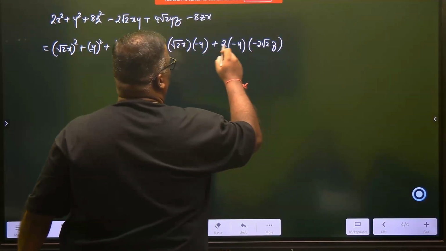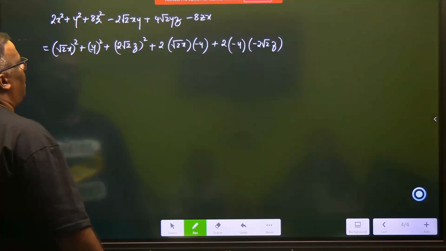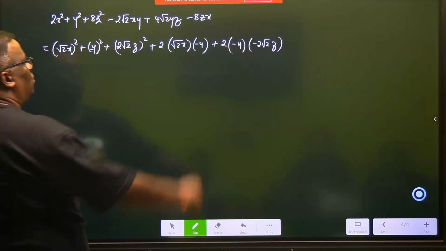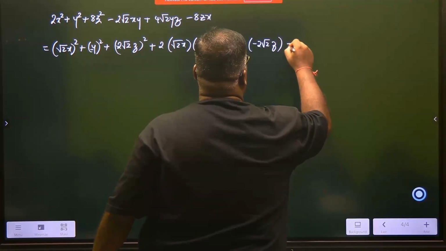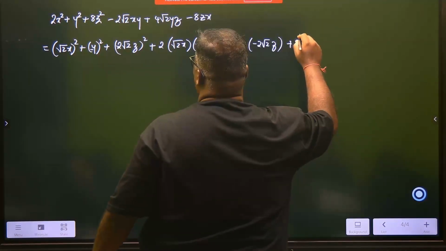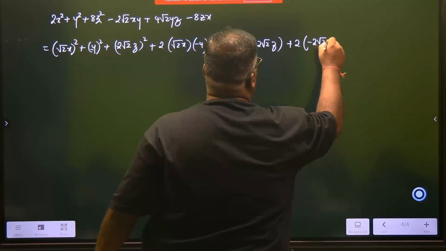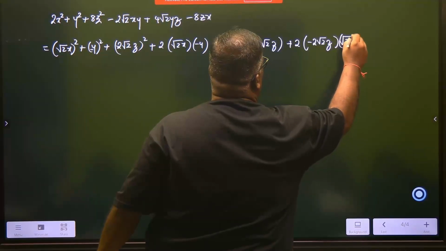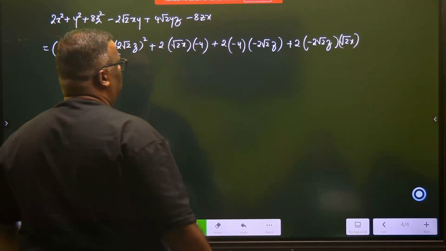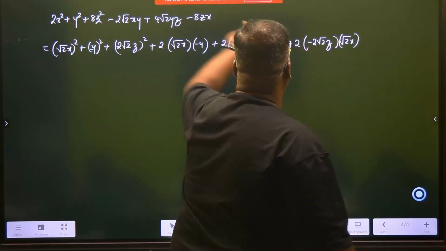Twice BC, negative y multiplied with negative 2 root 2z. So that gives you 2 2s are 4, 4 root 2 yz. Okay, fine. And then 2 into negative 2 root 2z into root 2x, which will give you 2 into 2 is 4, root 2 into root 2 is 2, and it comes negative 8 zx.